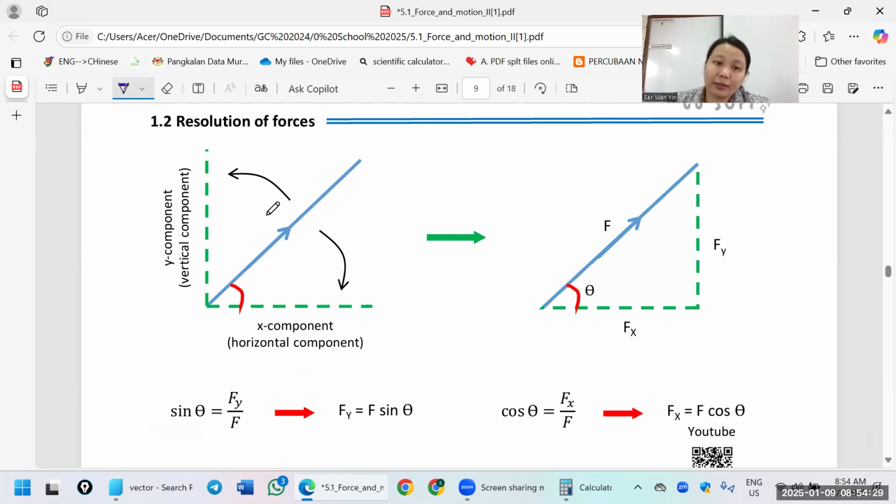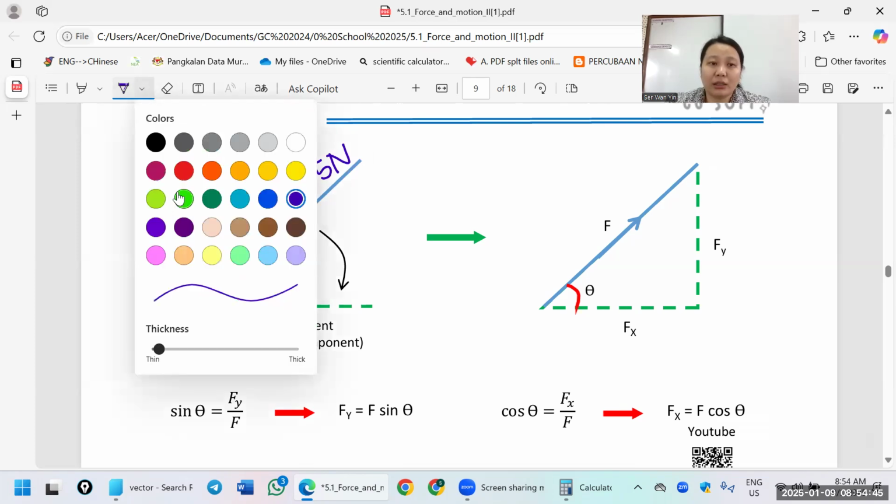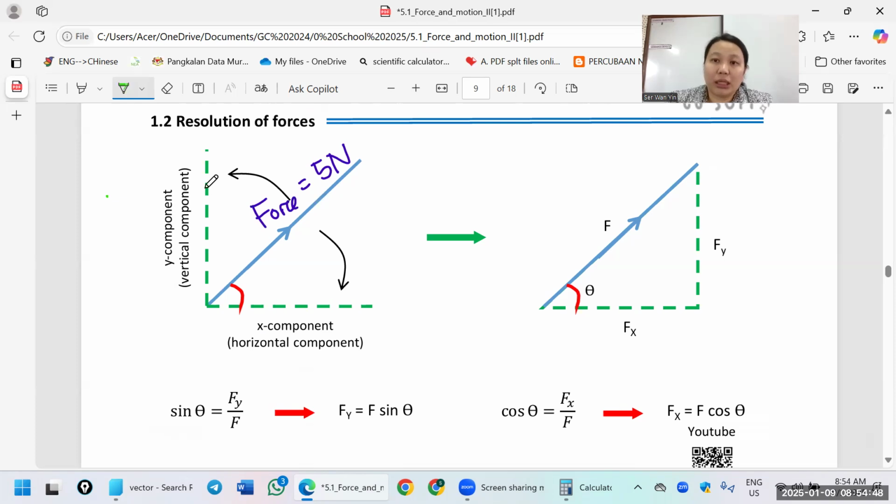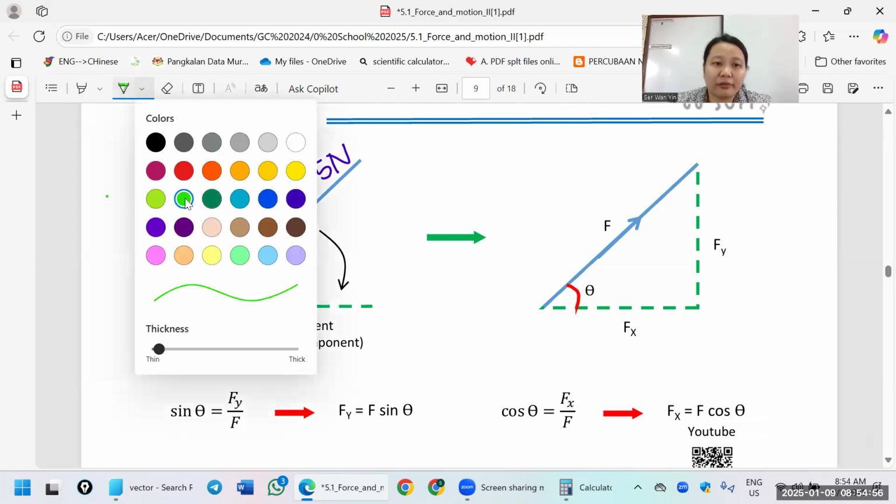Okay, so when there is a force like this, let's say the force is 5 Newton. So how to resolve a force? We can draw perpendicular dotted lines from the tail of the arrow.